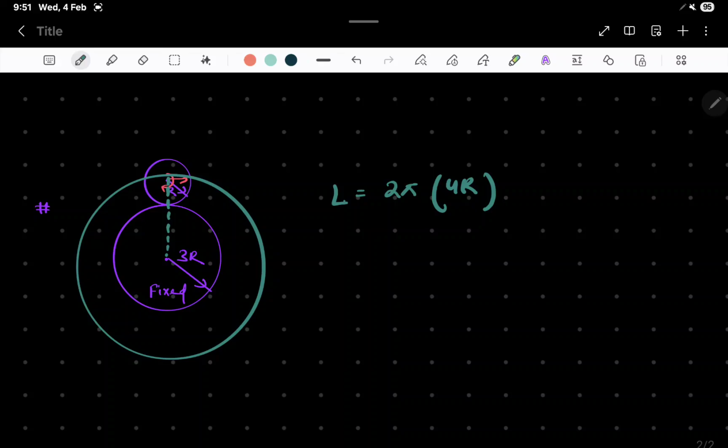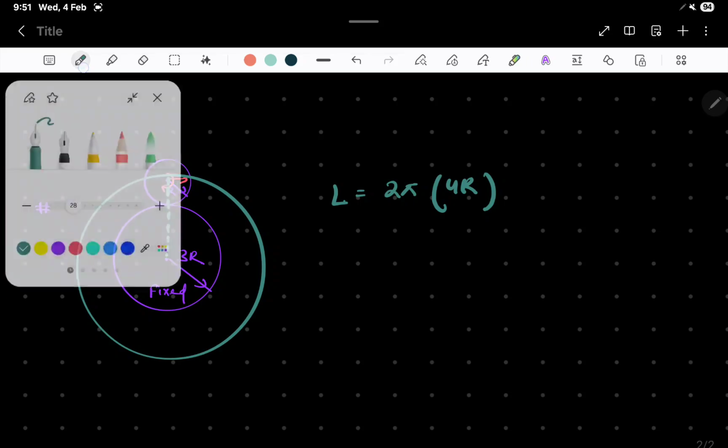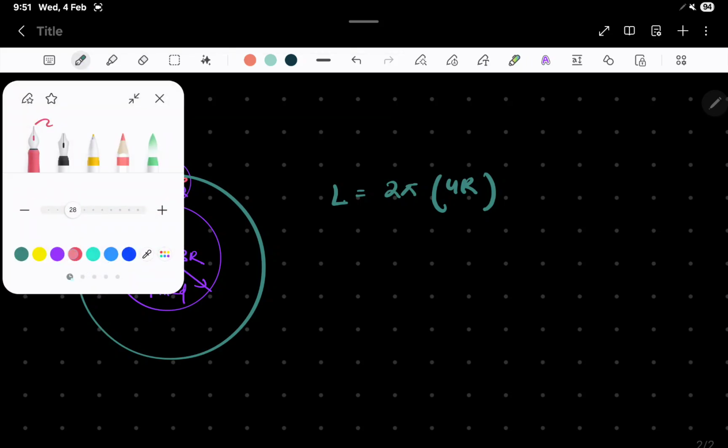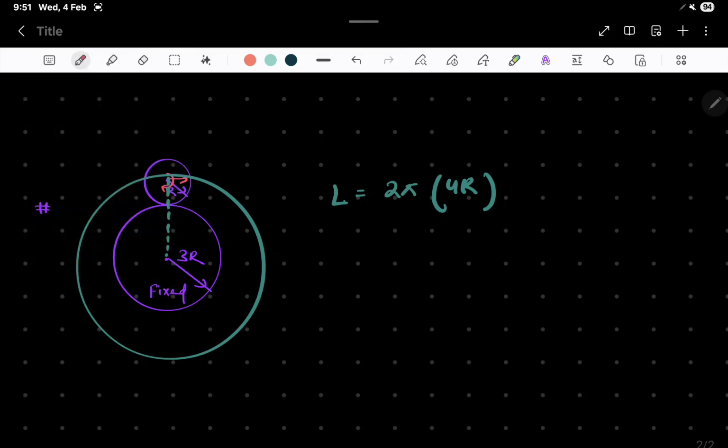Okay, and if I'm asking in one rotation, what is the length covered by the center of this coin in one complete rotation, that will be something like this, and that will be simply equal to 2 pi into the radius of this coin.